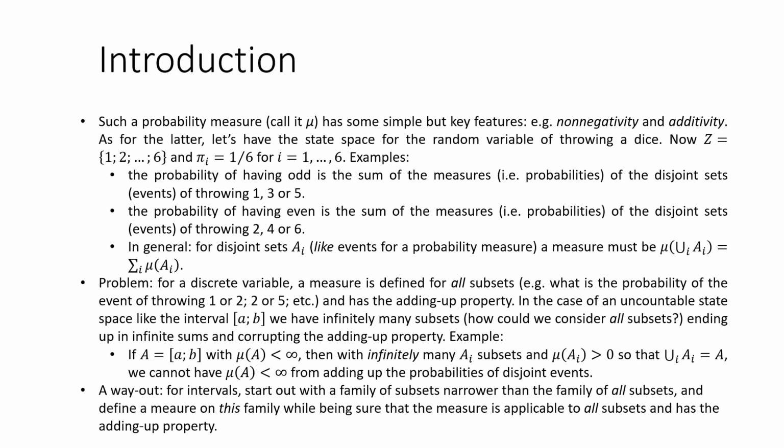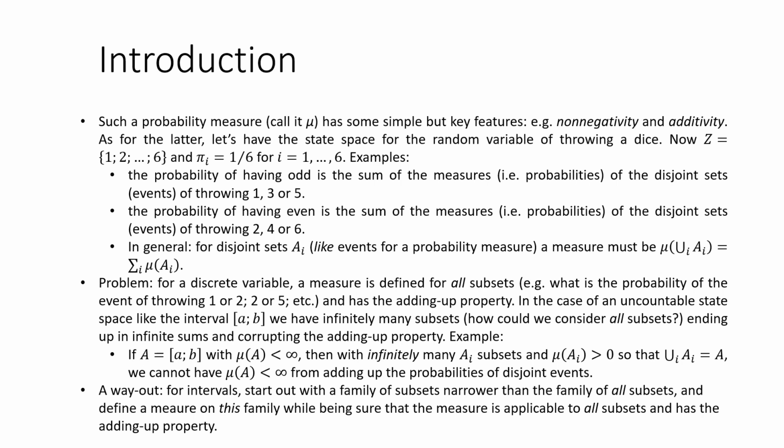For instance, here you can see a very simple example. We have a state space for the random variable in the form of this closed interval, and we can see that the measure of the entire state space is finite. This is an interval, so we have infinitely many subsets.